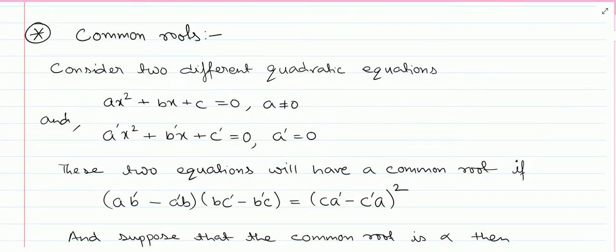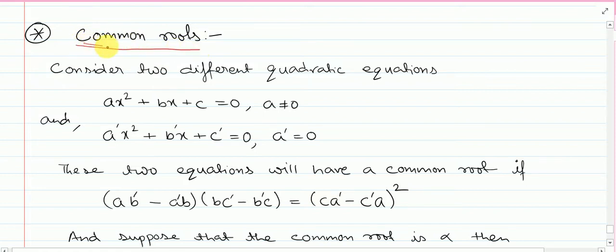Okay children, so the next topic that we'll discuss is common roots. Consider two different quadratic equations. Sometimes it may happen that though you have two different quadratic equations, you might get one common root.